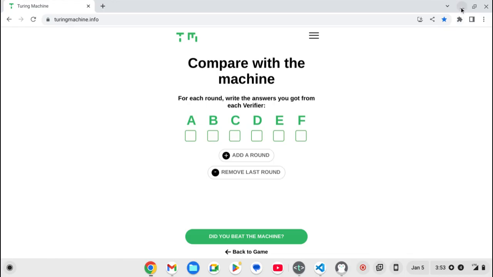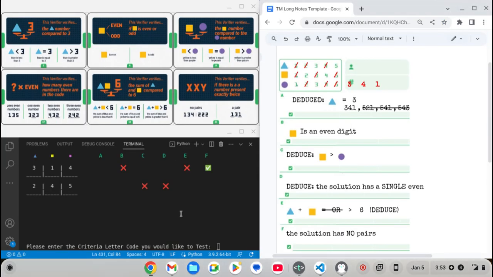Well, how did we do versus the Turing machine? Well, what could have been a 3-round solution only turned out to be a 2-round. And we actually did this 6 criteria card puzzle in only 5 tests. So I feel very, very confident that yes, we probably did beat the Turing machine.